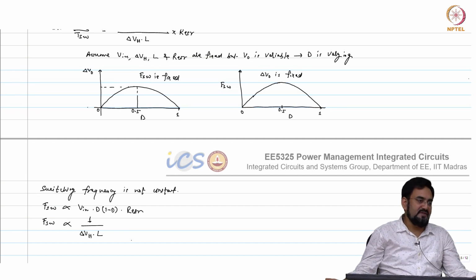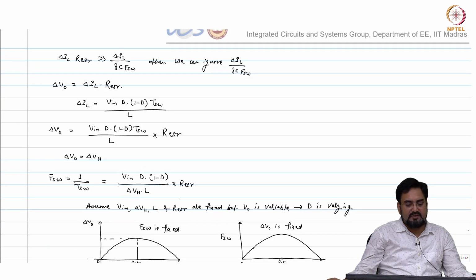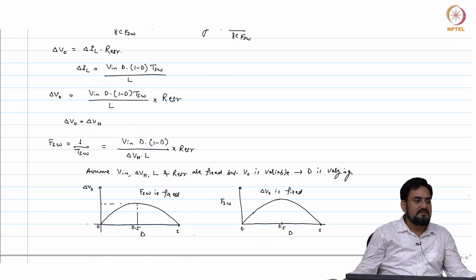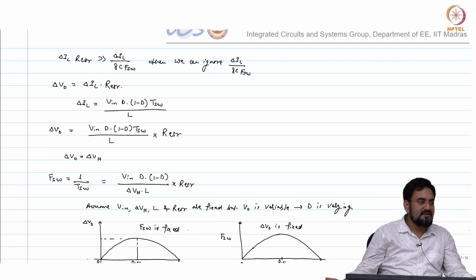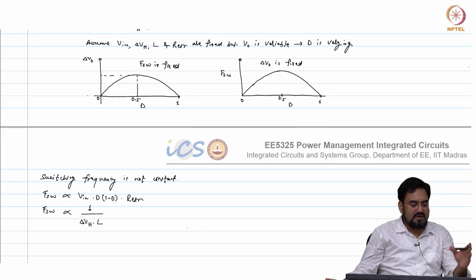RESR is also not fixed. So one way is to use a very small RESR capacitor, 1 milliohm or so, and in series you add a very accurate resistor, RESR, whatever you require.